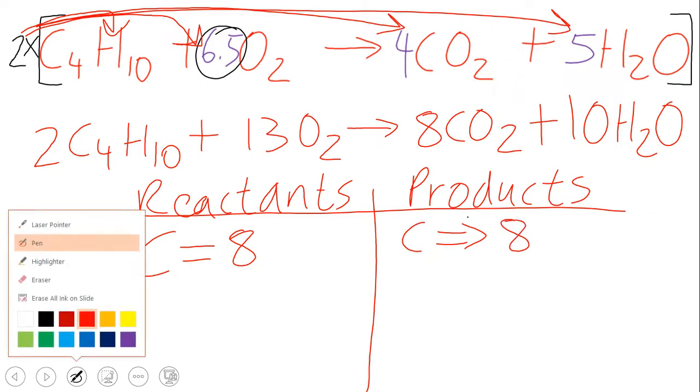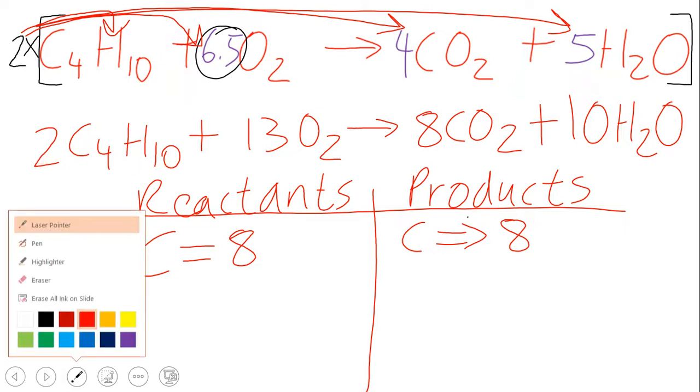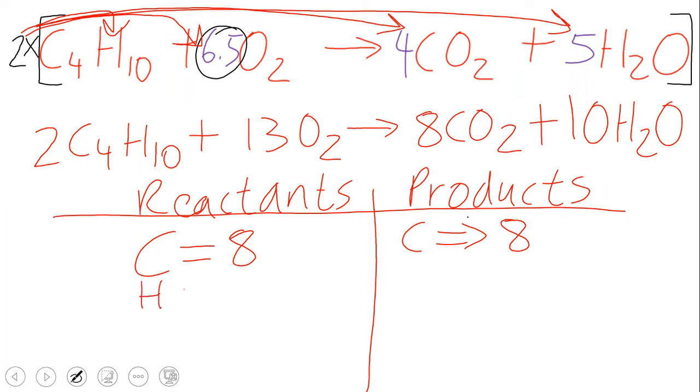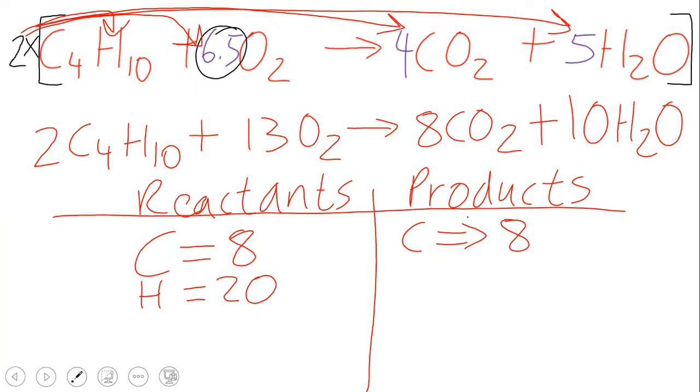Next, we have H10, so the 2 also multiplies the 10. 2 times 10 is 20, so hydrogen is 20. On the other side, for hydrogen we have 10 times 2, which is 20.